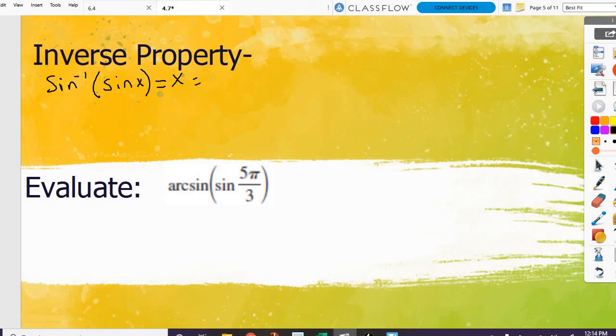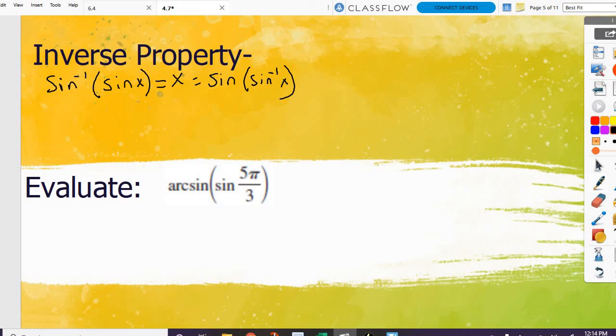Also, vice versa. If I have sine of sine inverse of x, they will also undo each other. And I'll just get what's on the inside. Kind of with me? The only kind of tricky part is that they still have to be within that range that I talked about. Does that make sense?